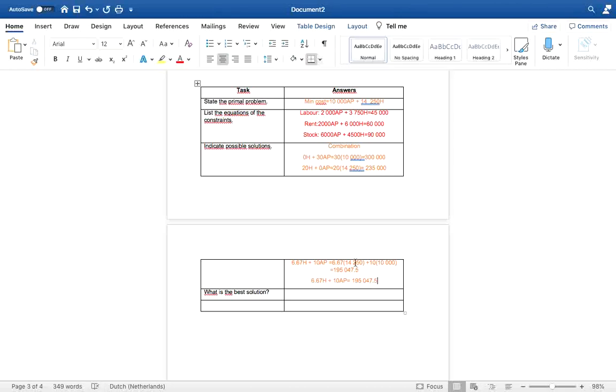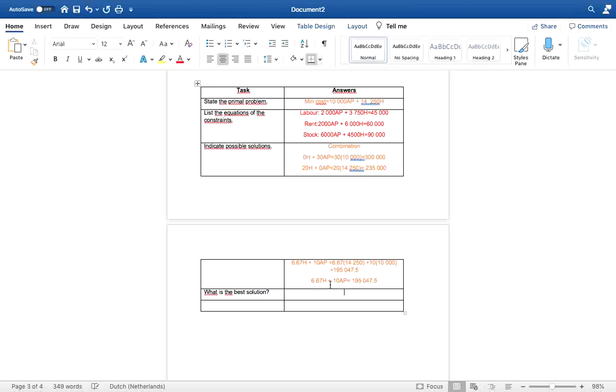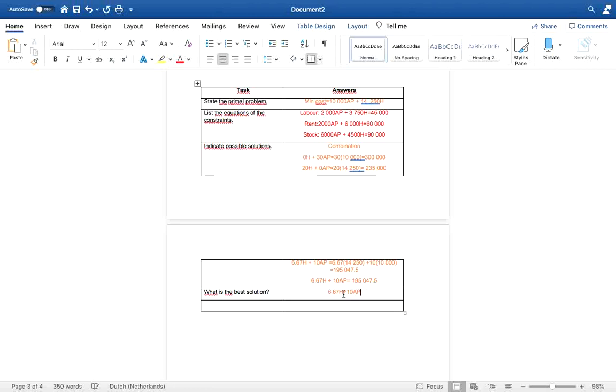So now the next question is, what is the best solution? We have two best solutions here. In this case, we have one best solution, it's the same thing, so it's gonna be 6.67 H plus 10 AP.